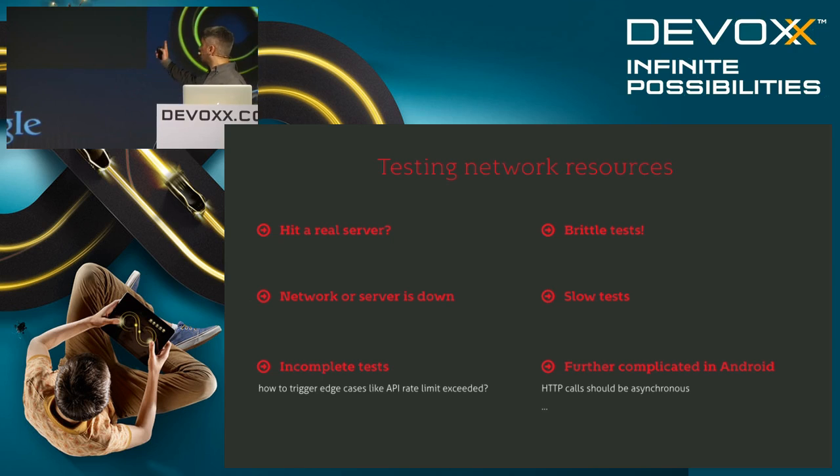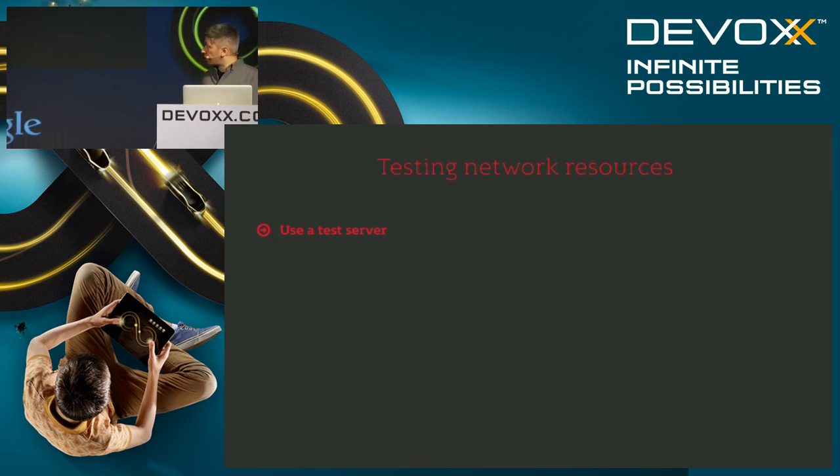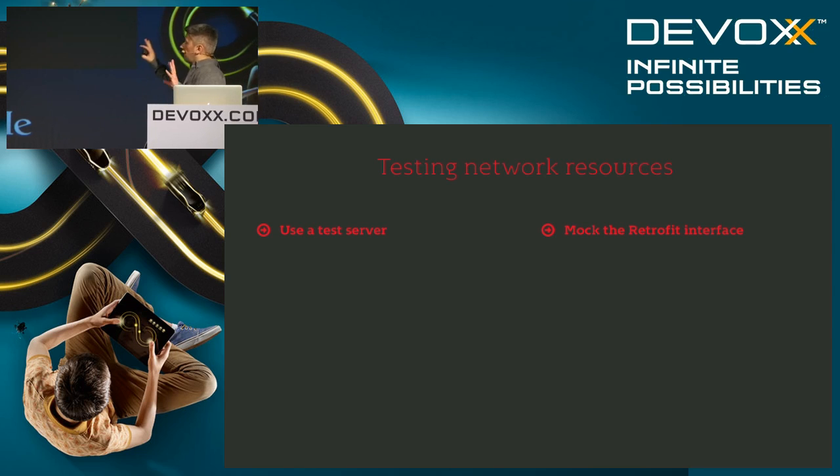It's also sometimes, in Android we all know that all your networking calls should be asynchronous and so on. So that's an additional difficulty that's introduced that we can take a quick look into. I think there are two possibilities if you want to think about testing your network resources, and you can mix both of them.